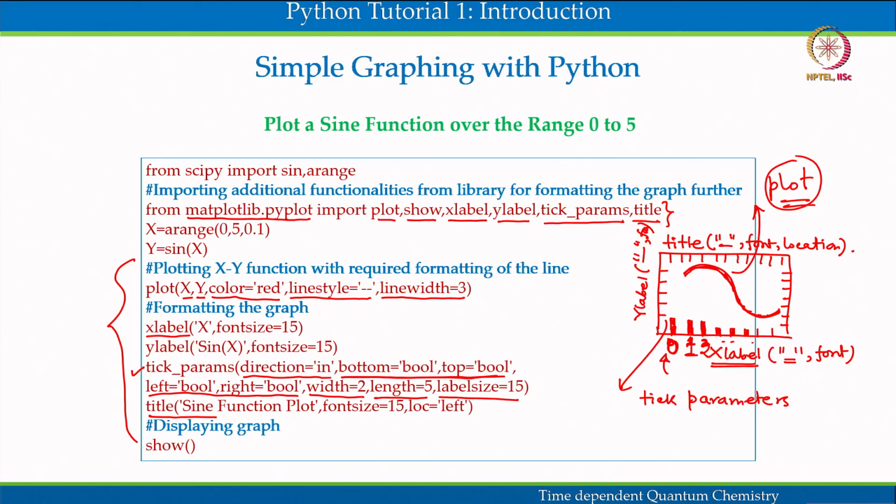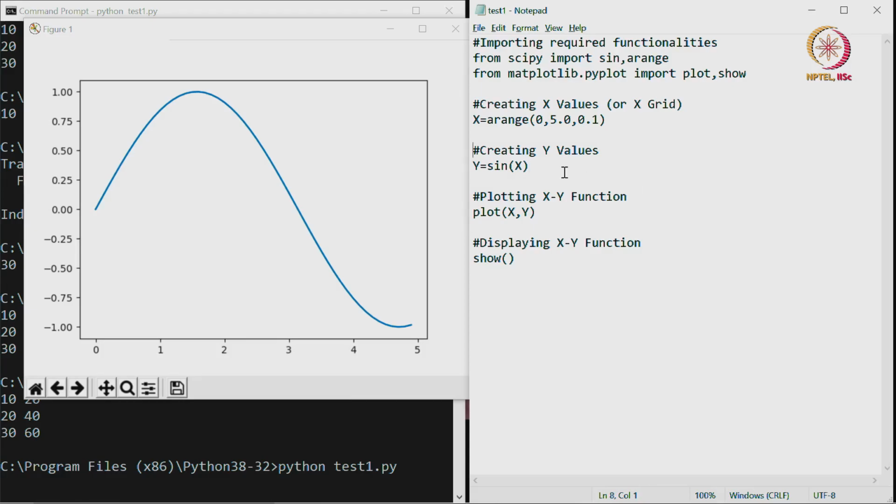Let's look at the laptop and change the formatting. So I have x and y values. Then first we will be formatting the plot. Plot will be formatted by different color. Color equals red. Then line style equals, line width equals 3.